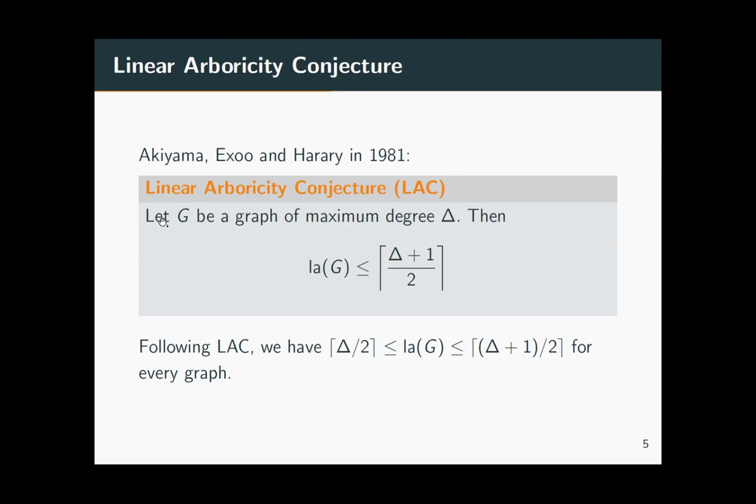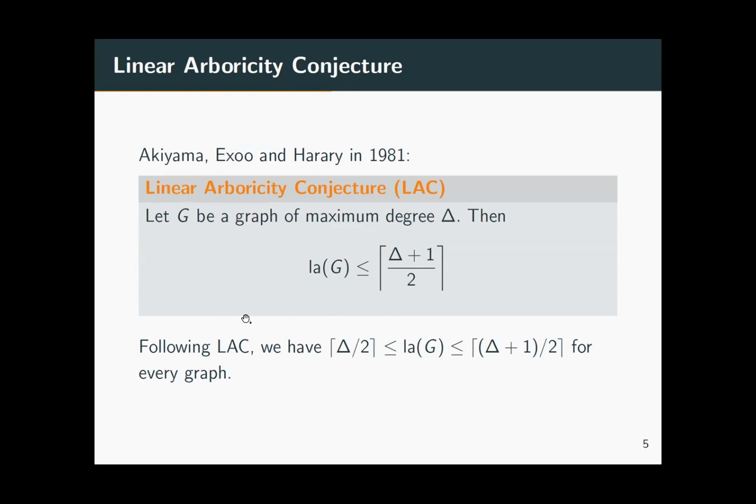So here is the famous linear arboricity conjecture, and we can call it LAC for short. If G is a graph with maximum degree delta, then its linear arboricity is at most the ceiling of delta plus 1 over 2.